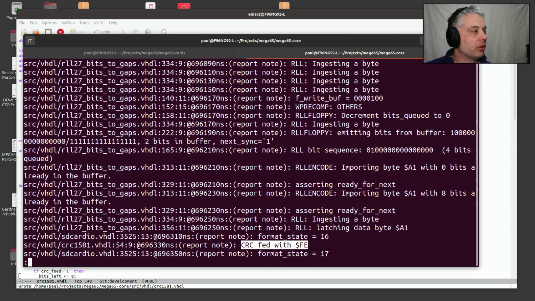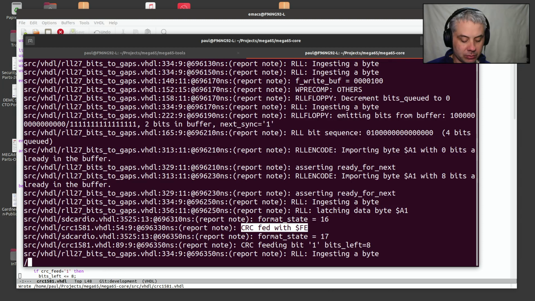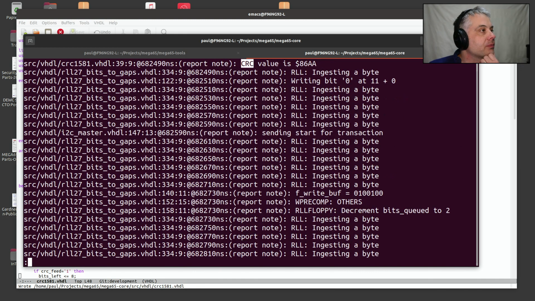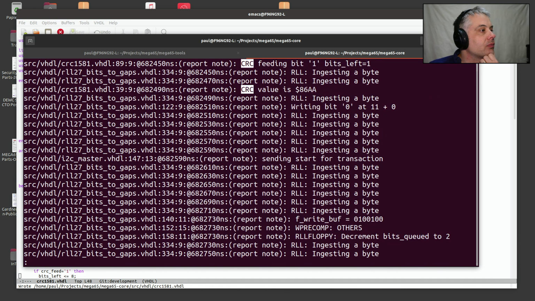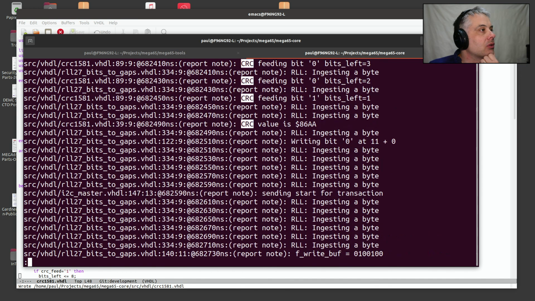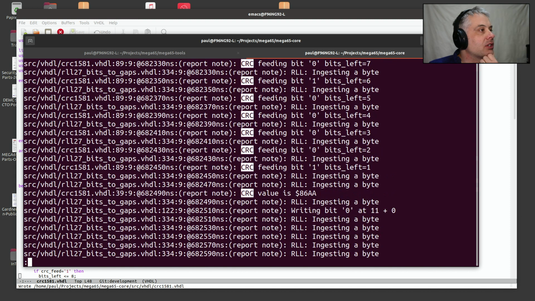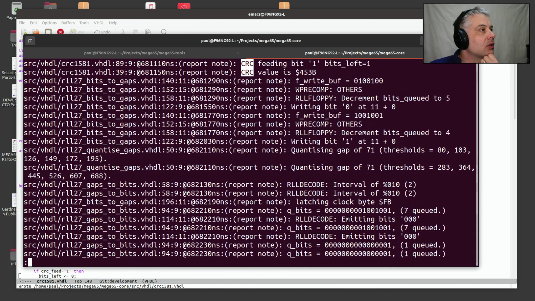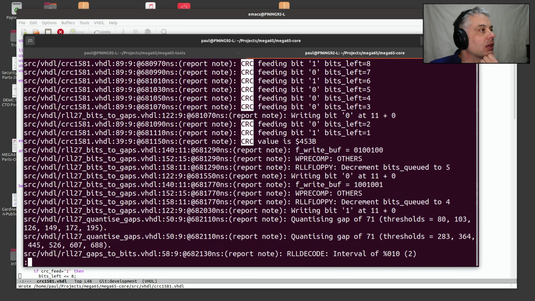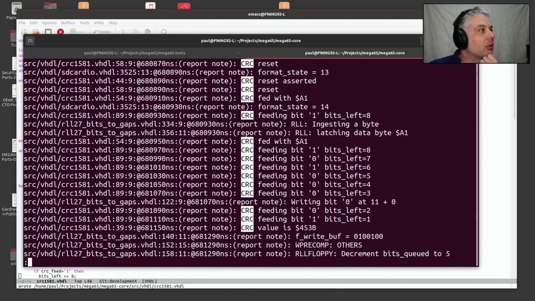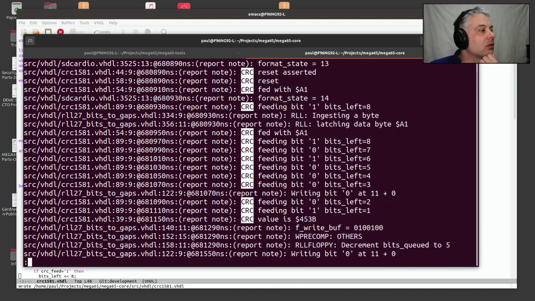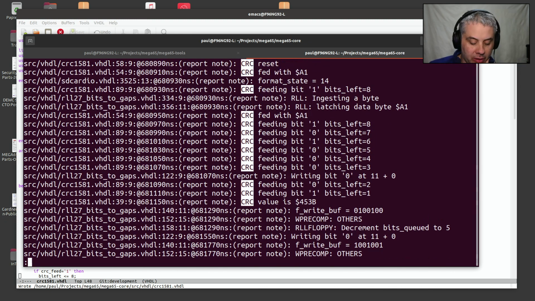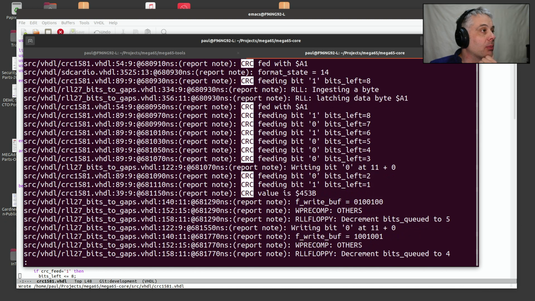So what I'm looking for now is where it's writing the sector header. I want to see what it's putting into the CRC. So there's our A1 byte.